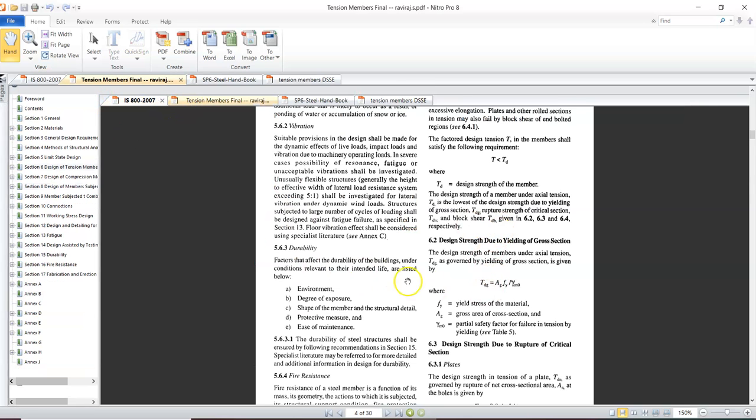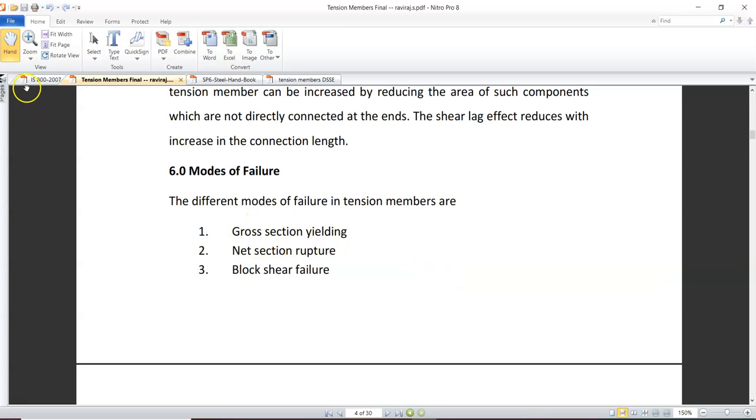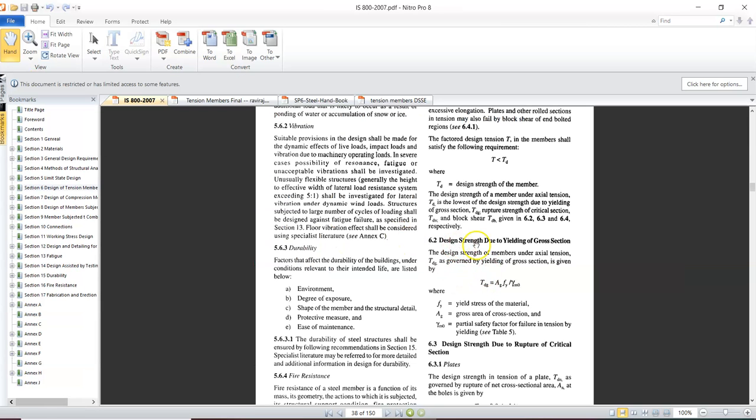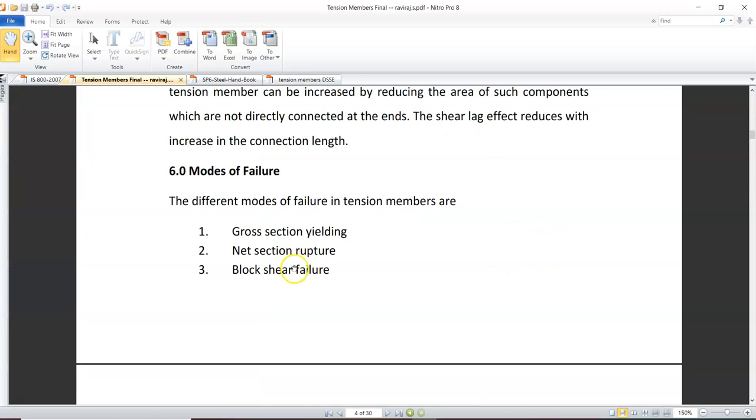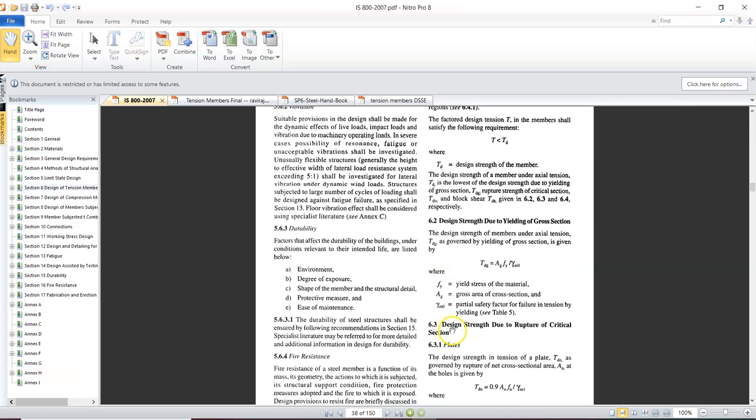The first one is yielding of gross section, that is design strength due to yielding of gross section is given in clause number 6.2. Then net section rupture or critical section rupture, design strength due to rupture of critical section is given in clause number 6.3.